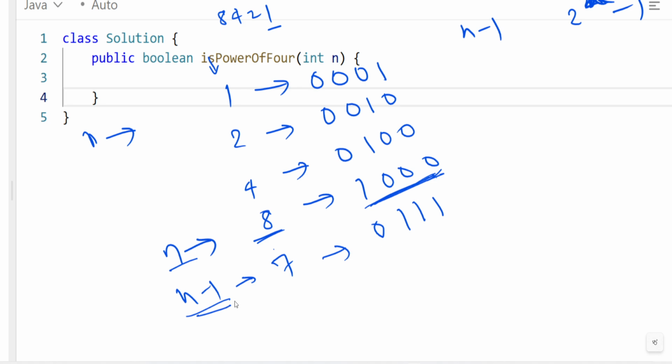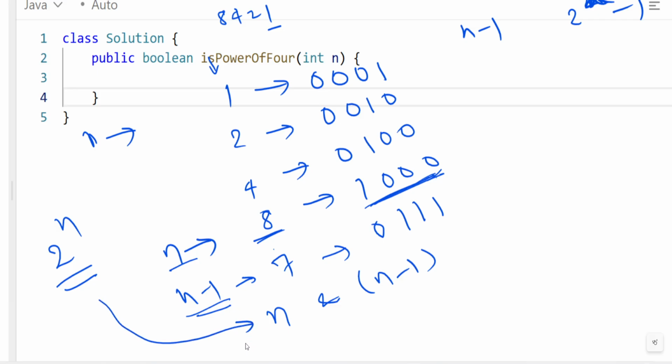Now if we apply these two, n and n minus 1, if n is a power of 2, can we say that if we check n and n minus 1, it should always give a result of 0, understand?